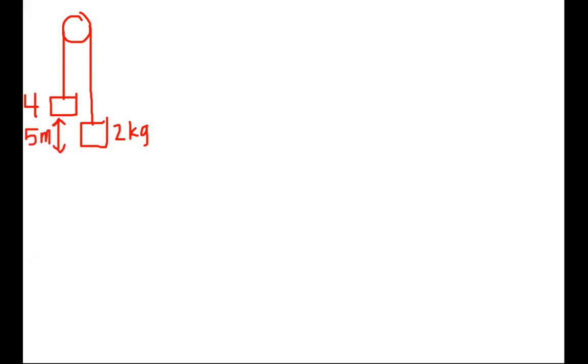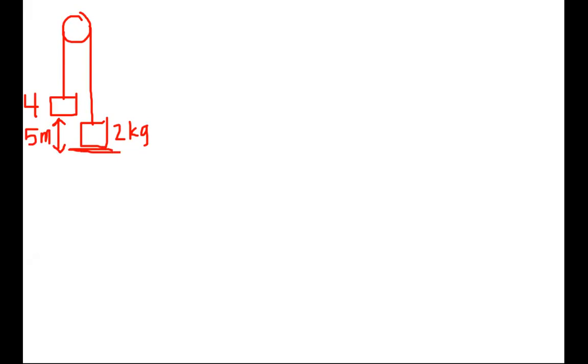So we have the pulley with 2 boxes attached to it. One is 2 kilograms, and the other is 4. There is 5 meters between the 4 kilogram box and the ground. The 2 kilogram box is already on the ground.